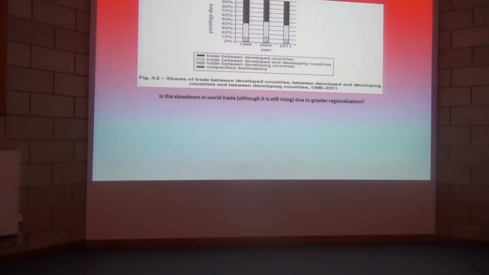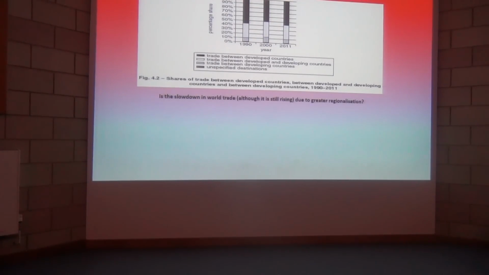Across that time period, we can see what's happened to trade between developed countries such as the UK and developing countries such as, say, Zambia. In 1990 the proportion of that trade was around 32-33%.